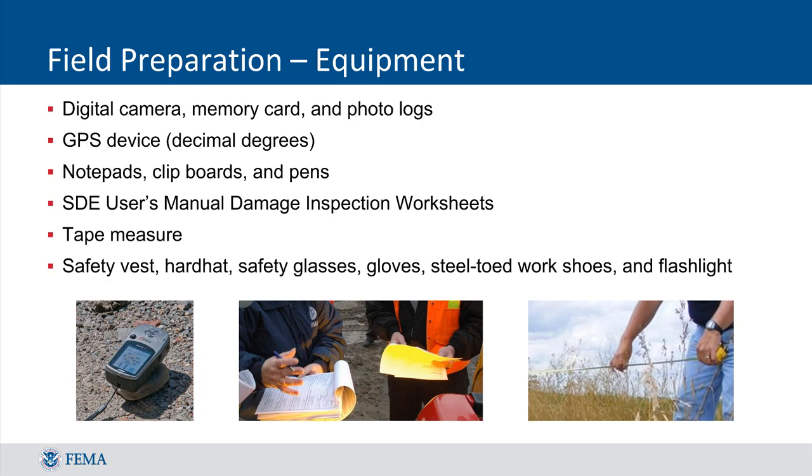Some things you should have are a digital camera with an extra memory card, photo logs, a GPS device, notepads, clipboards, pens, copies of the SDE manual damage inspection worksheets, tape measure, and safety equipment such as a safety vest, hard hat, safety glasses, gloves, steel-toed work shoes, and a flashlight.